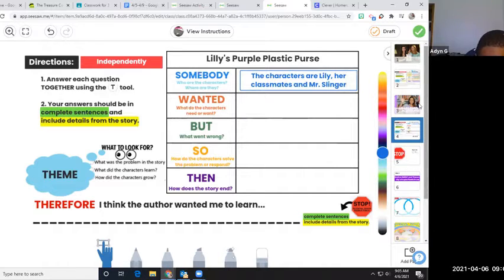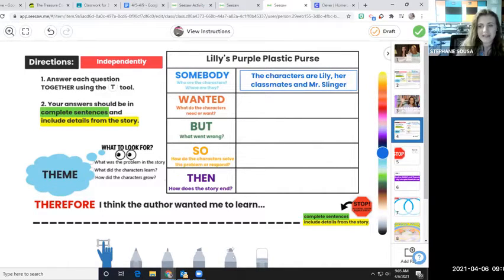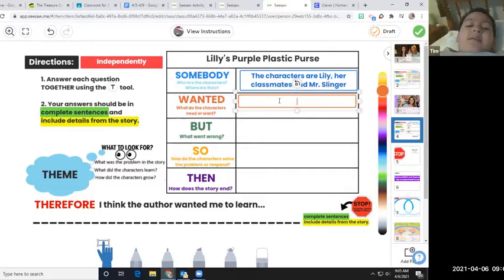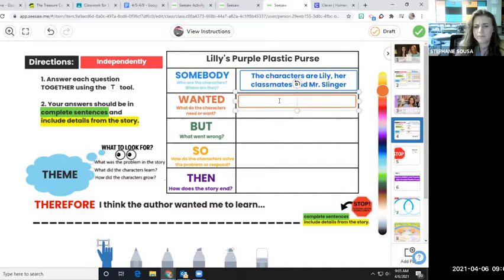Wanted. What do the characters want or need? What did the characters want or need? Tim. I didn't really get to this because I have to go to a funeral today.